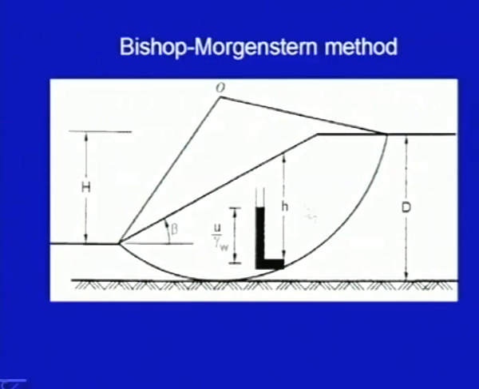Here, this is the diagram which explains the different parameters. This is the depth d and the depth d of the hard base, and h is the height of the slope, the slope angle is beta, and here u upon gamma w is the head of the pore water pressure, h is the height of the slope here.